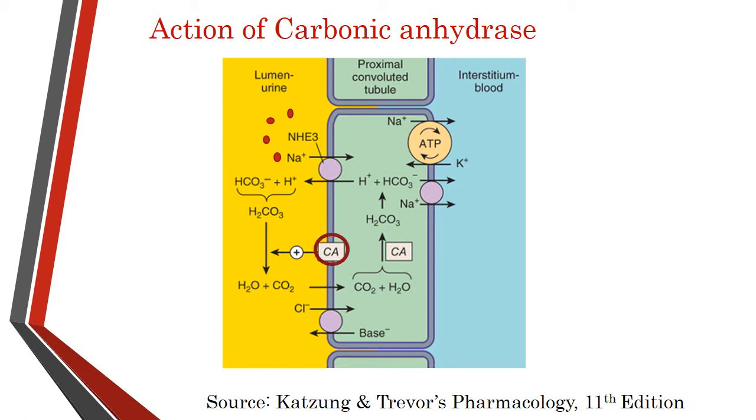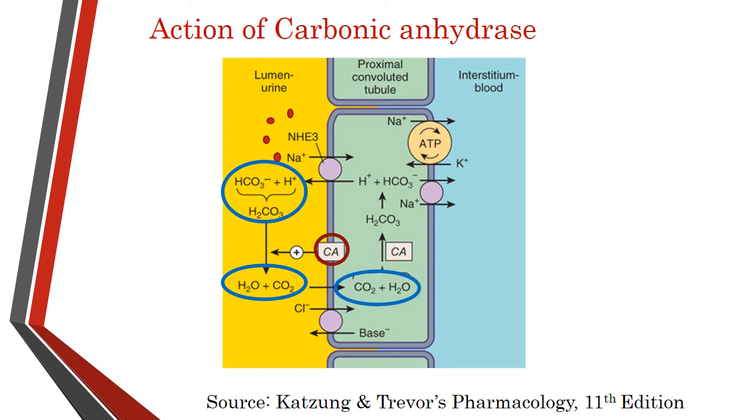Along with sodium ions, we also have the bicarbonate and the proton ions. This bicarbonate and proton under the influence of carbonic anhydrase get converted to carbonic acid. Carbonic acid being unstable gets converted to water and carbon dioxide, which very easily diffuse inside the tubule, and thus we have carbon dioxide and water.